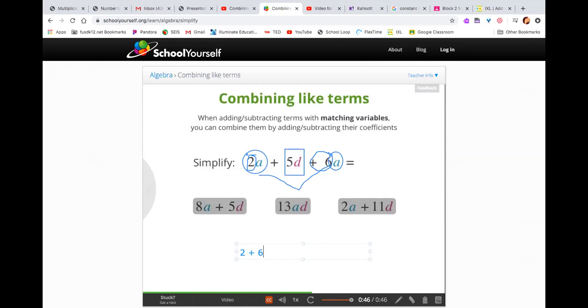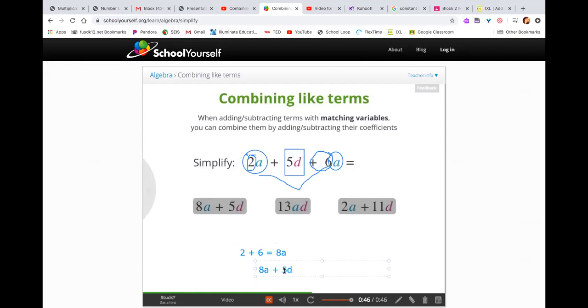And 2 plus 6 is? 8. Okay, 8. I put my A back in. So now I'm rewriting my new equation, and it's saying 8A plus 5D after I clean it up.